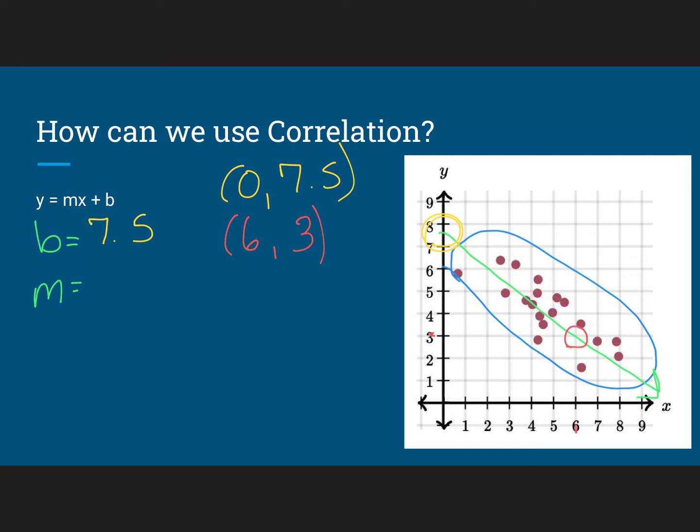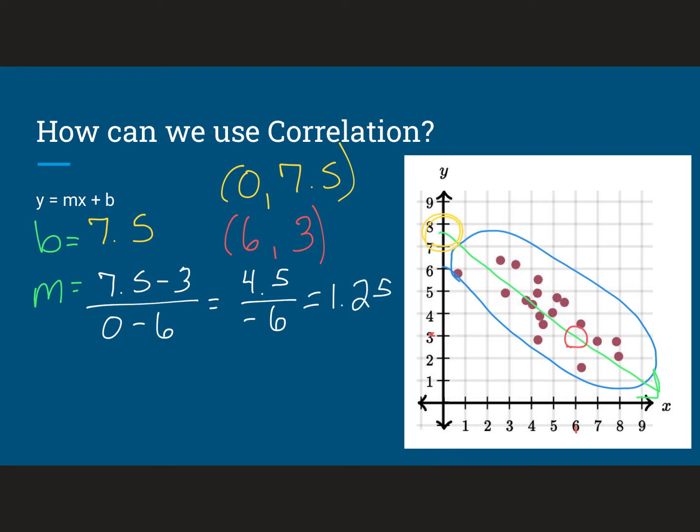So when I go to do my math, I have 7.5 minus 3 over 0 minus 6. Well, 7.5 minus 3 gives me 4.5 over negative 6, which, if I divide, I end up with 1.25.